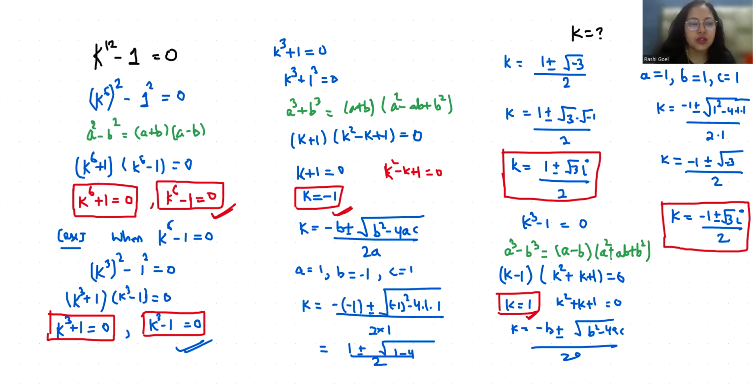Now came to case 2, which is k power 6 plus 1 is equals to 0. So we'll write it as k square whole cube plus 1 cube is equals to 0.